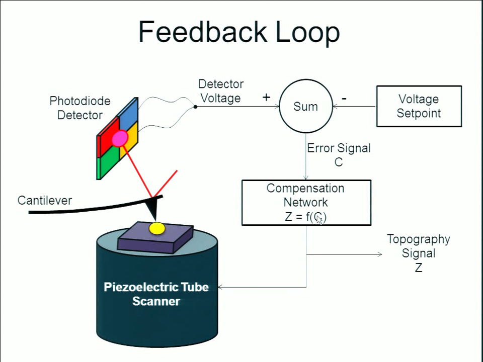And this is then incorporated, and a voltage signal is sent down to the piezoelectric, basically to tell it, if we're rising up here, the piezoelectric would contract and go down in the z direction in order to try to maintain that constant cantilever deflection. So that is the purpose, and that's how the feedback loop or compensation network actually works.